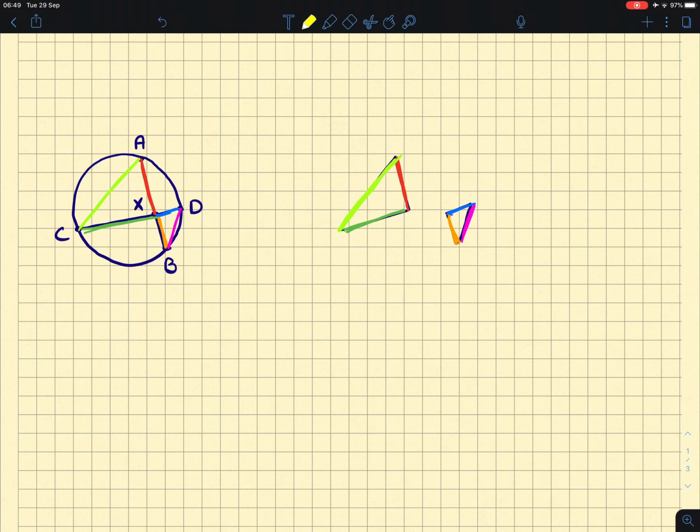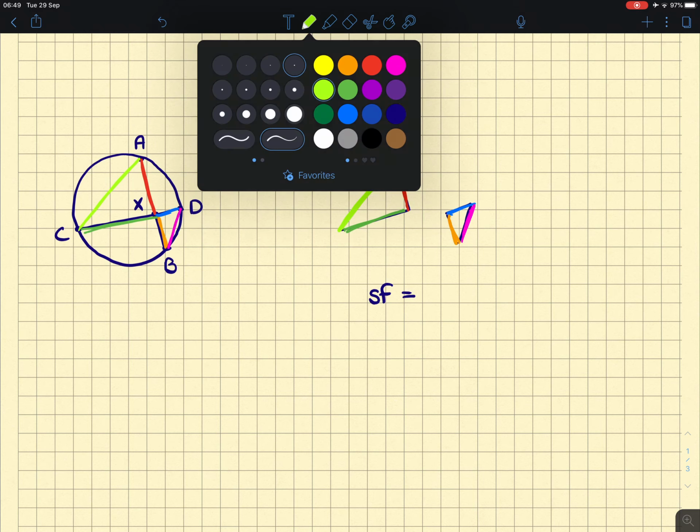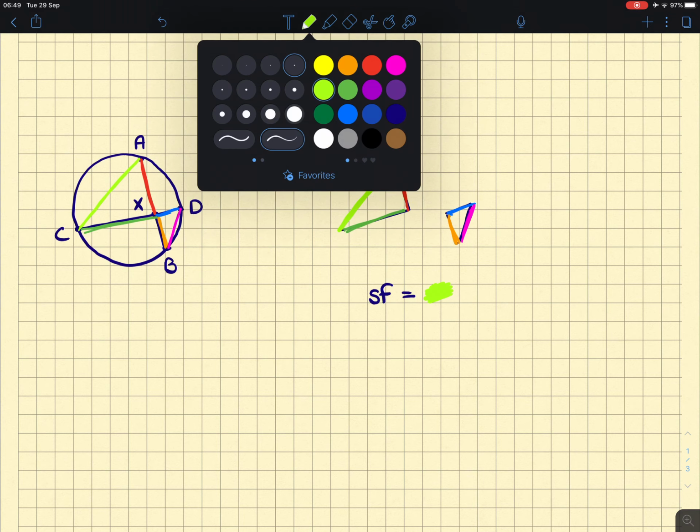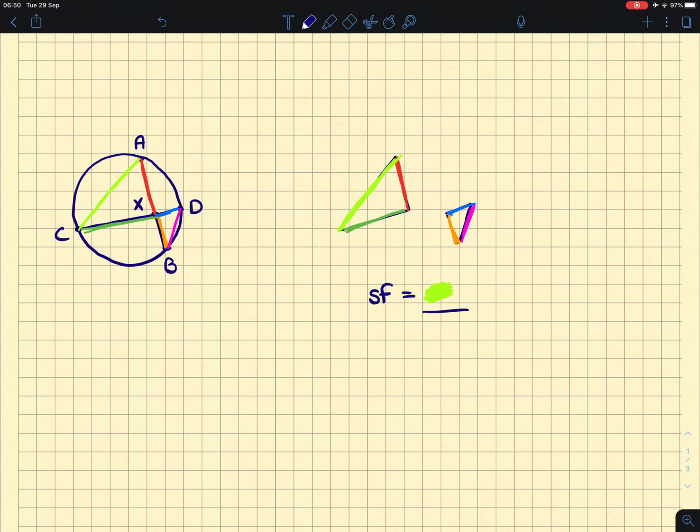Okay. We're dealing with similar triangles here in such a way that if you take one length and divide by the corresponding length in the other triangle, so the ones that go together, then you're going to end up with a scale factor. And how that's going to work here is that the lime green length, if we divide that by the pink length, then we would get a scale factor.